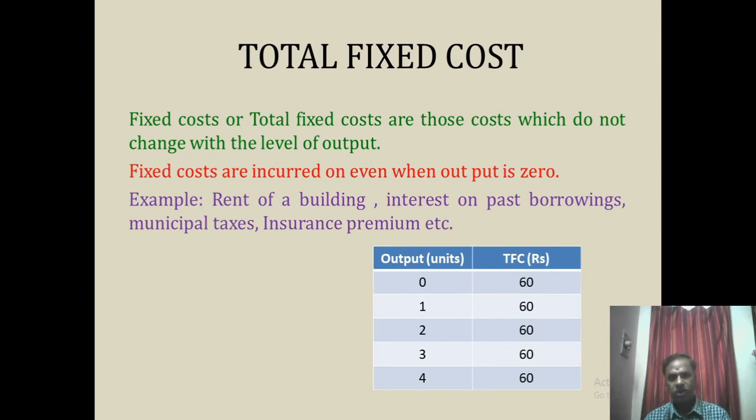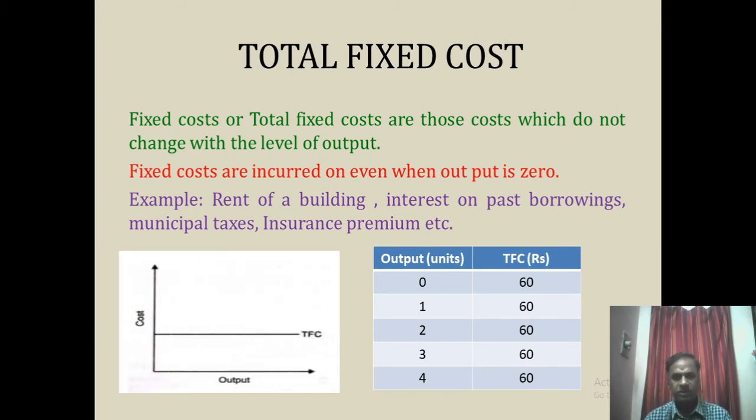At the zero level of output it is 60. At the 1 level of output also 60. At the 4 level of output also 60. So the total fixed cost does not change with the changes in the level of output.